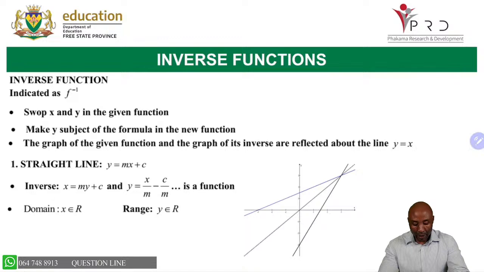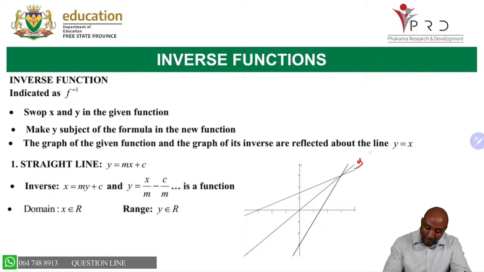Now, to just illustrate this, if our original function is the black function, its inverse becomes the blue function. It's a reflection about the line y is equal to x. This is our line. Our dotted line is y is equal to x, which is our line of reflection.